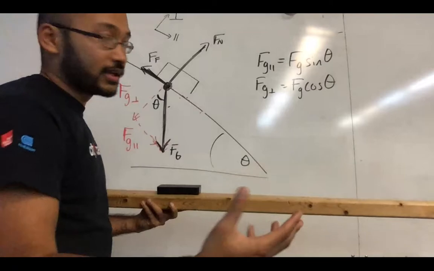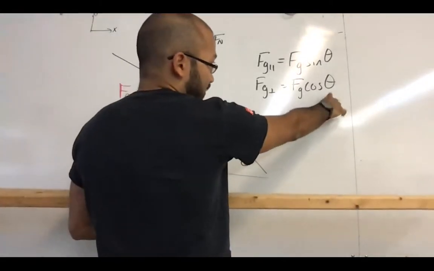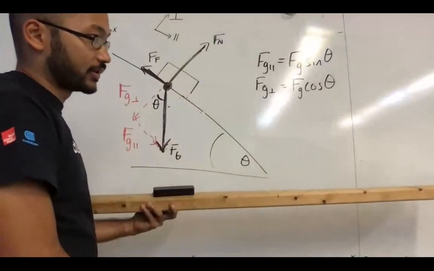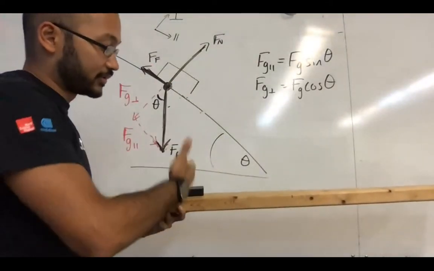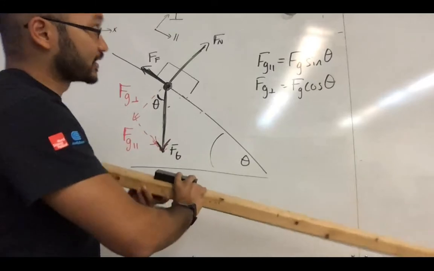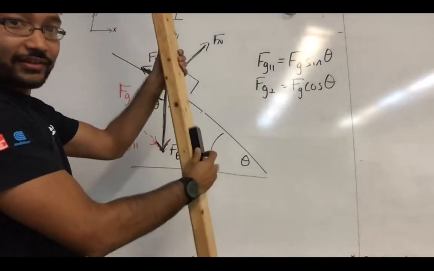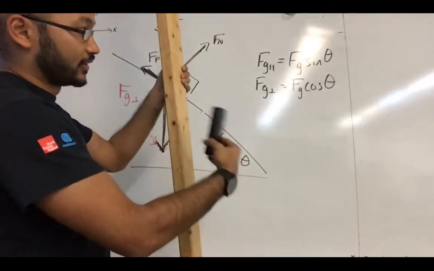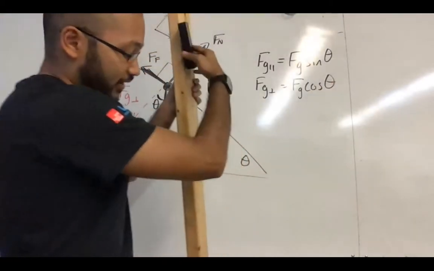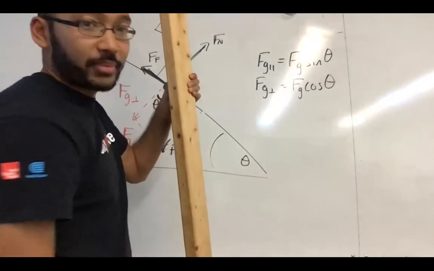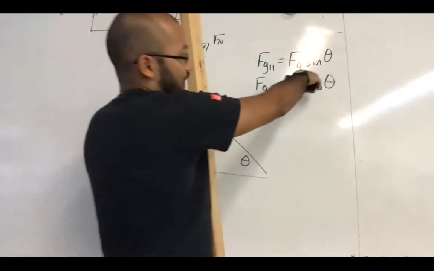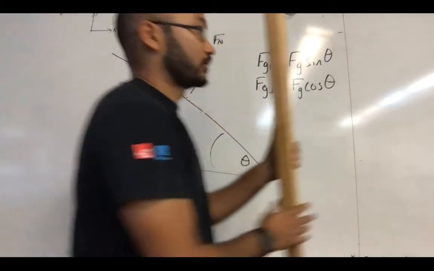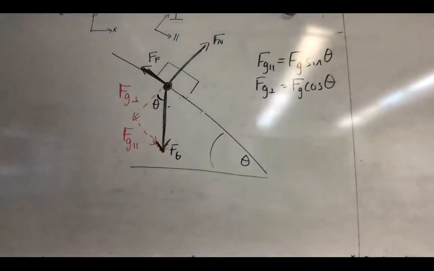It's cosine. So cosine of theta is maximum when theta is equal to 0, and that makes sense because gravity is entirely into the incline, into the surface. When theta is at a maximum of 90 degrees, gravity is not pressing into the incline at all. So this component goes away entirely. Gravity is acting entirely parallel to the ramp. Sine of 90 is a maximum. So that's one way to remember it, or you can derive it.